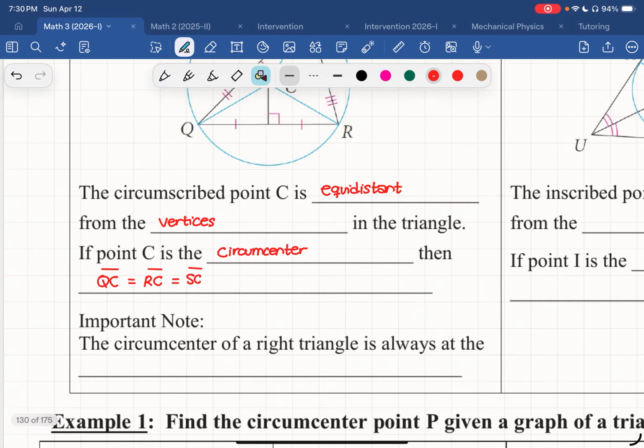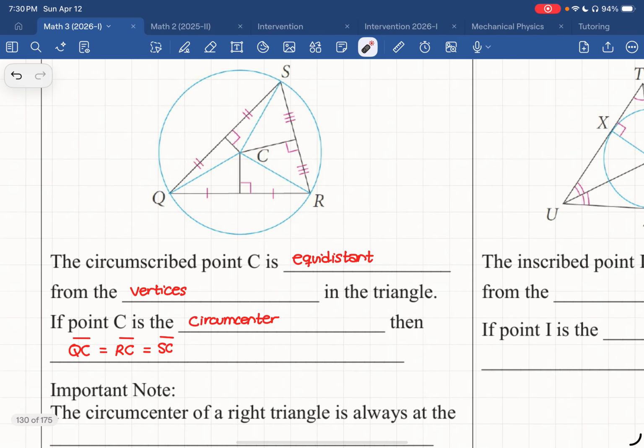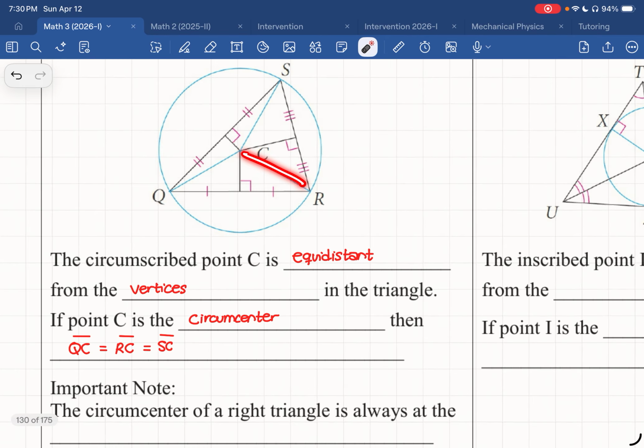That's what I just said. These three, again, are the same.